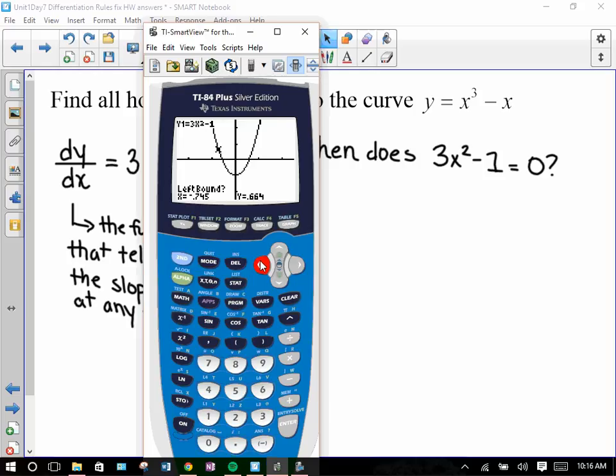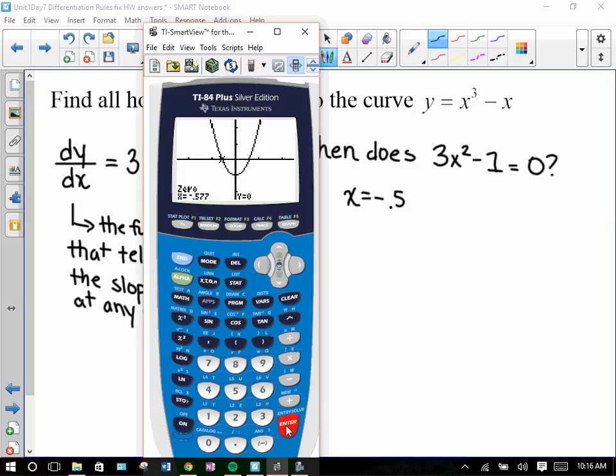As soon as we get on that side, we hit enter. Then right bound, enter, and guess, enter. So negative 0.577. So I know that this equals 0 at x equals negative 0.577.